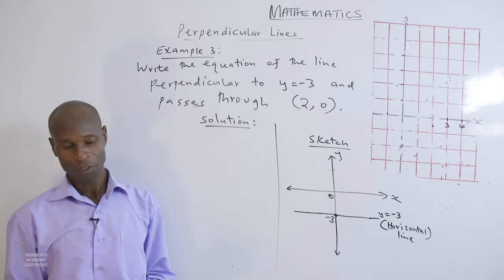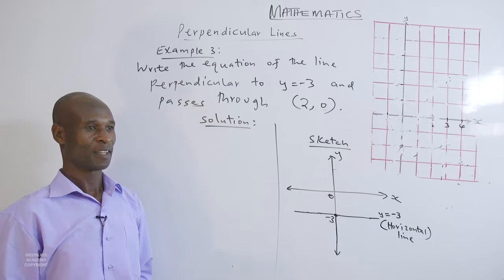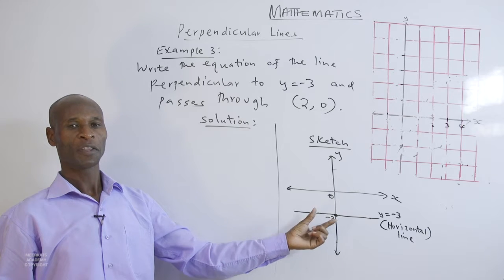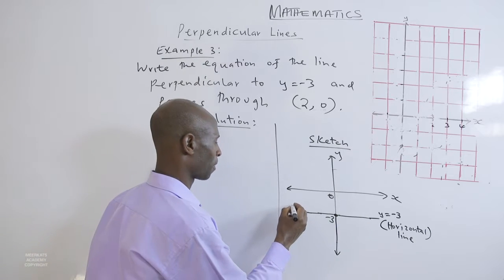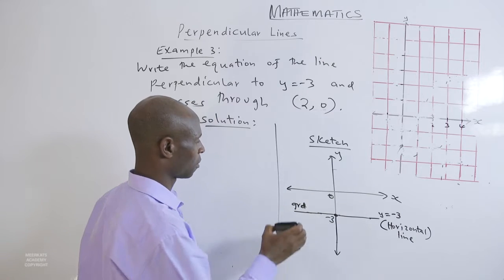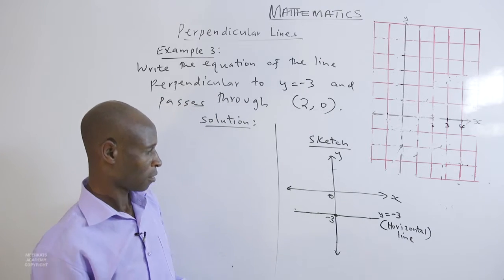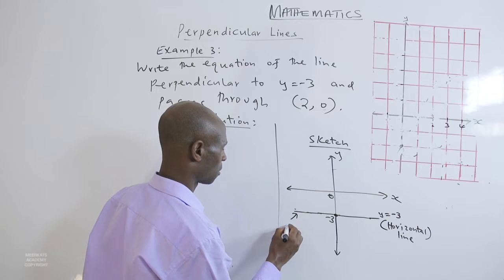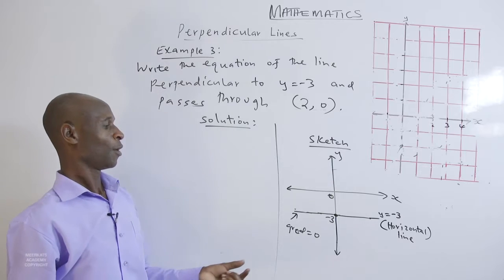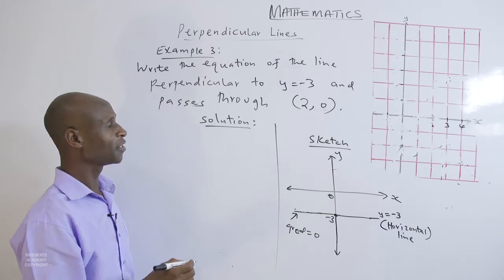We did mention that if the line is horizontal, the gradient is 0. How is the gradient 0?